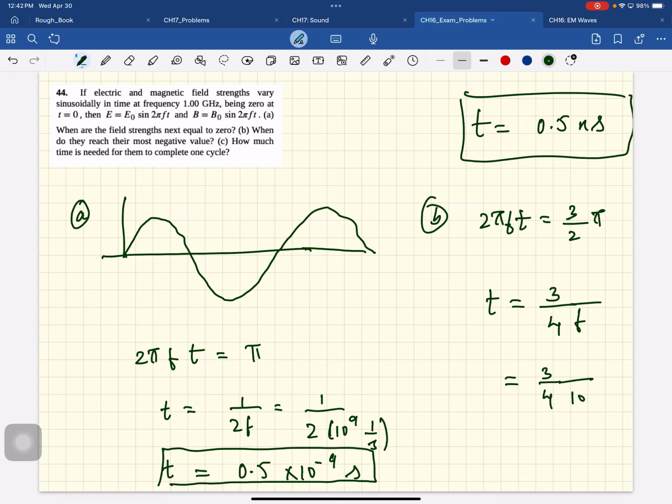And this was 10 to the 9, 1/second, so 3/4 times 10 to the minus 9 seconds. 0.75 nanoseconds.